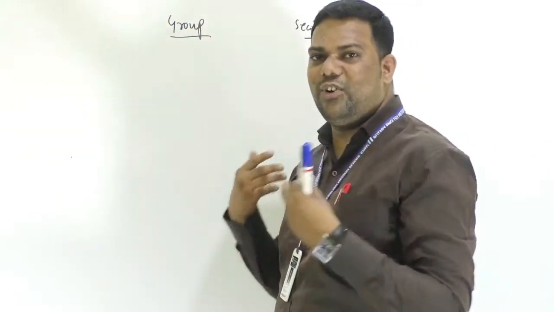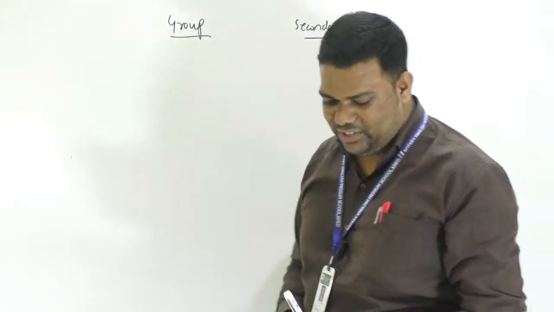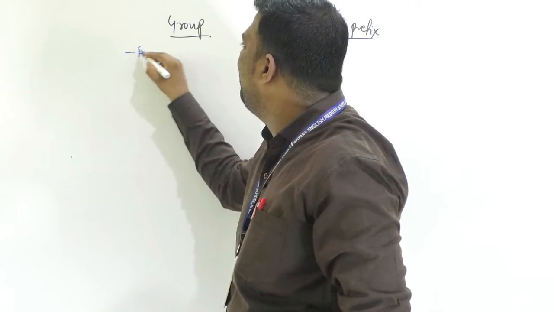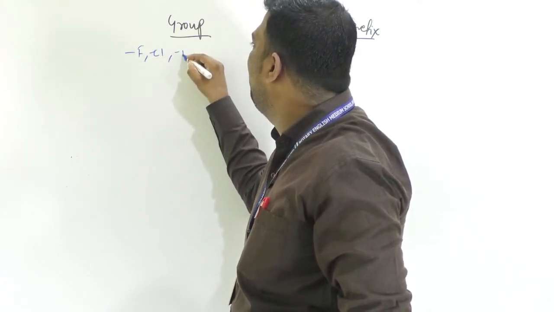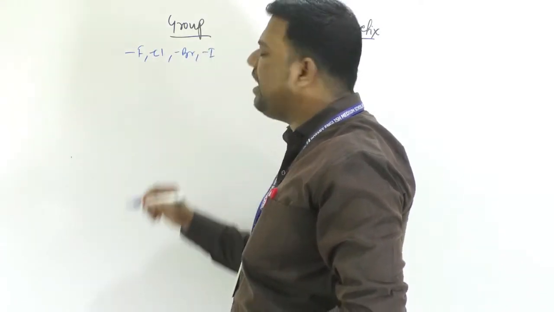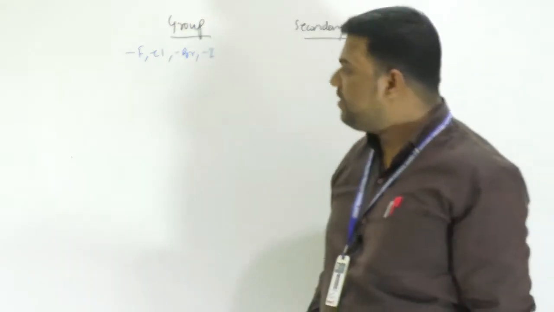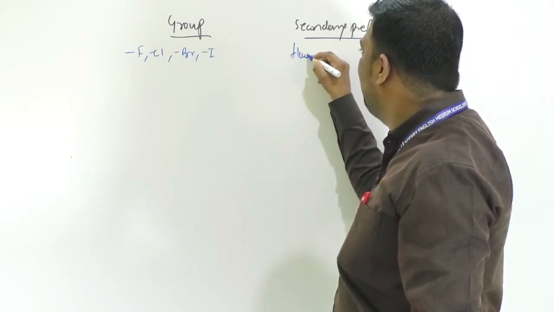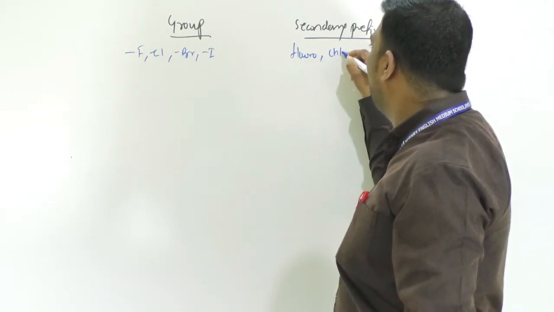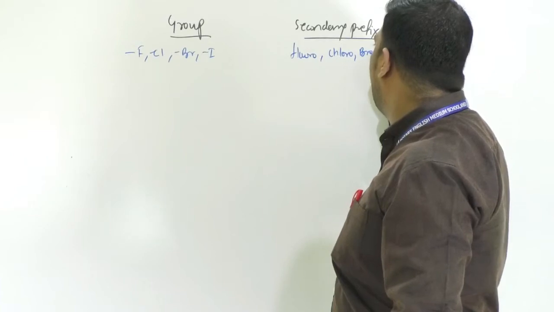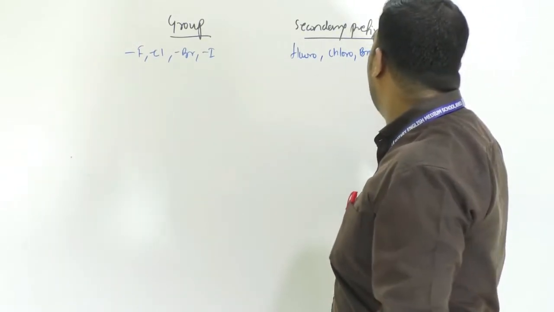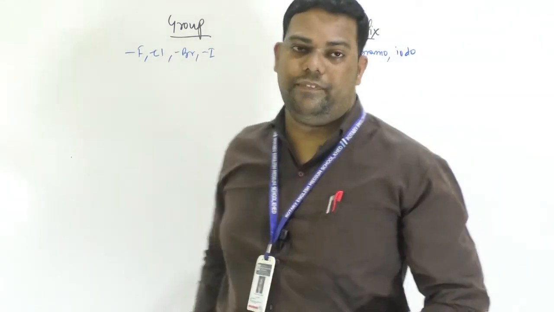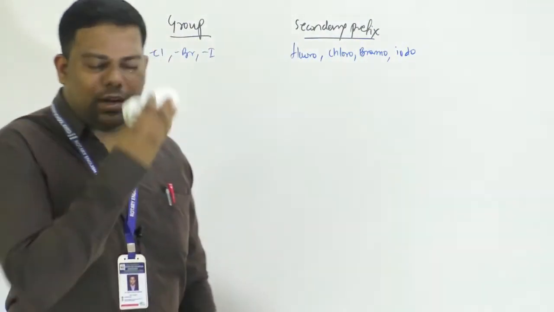As you know, fluoro, chloro, bromo, iodo, these we call secondary prefixes. We can write here fluoro, chloro, bromo, then iodo. These are secondary prefixes.